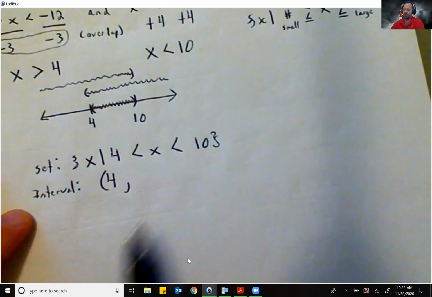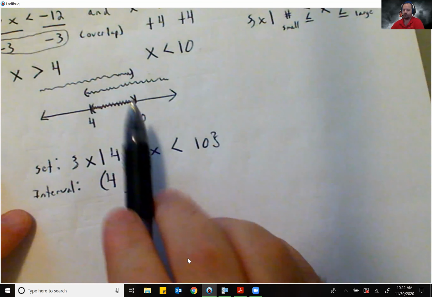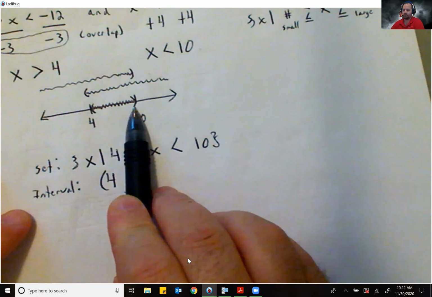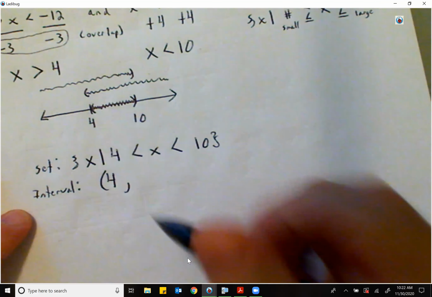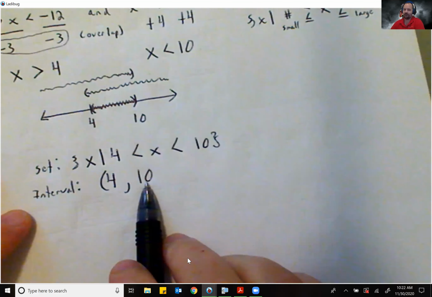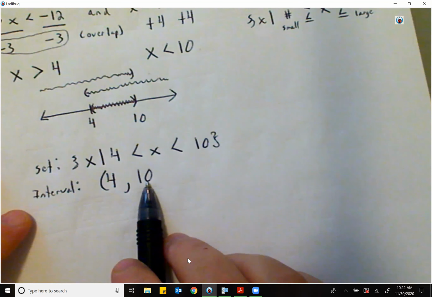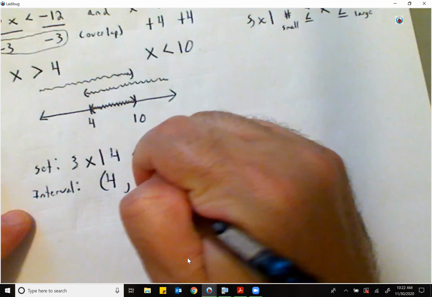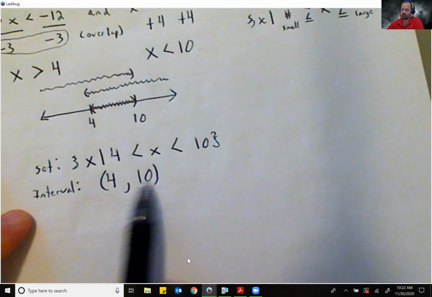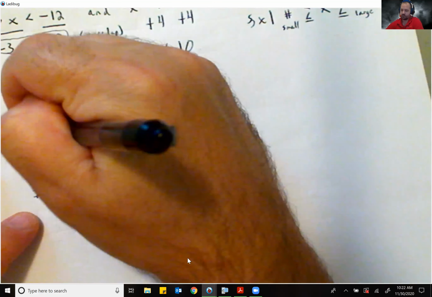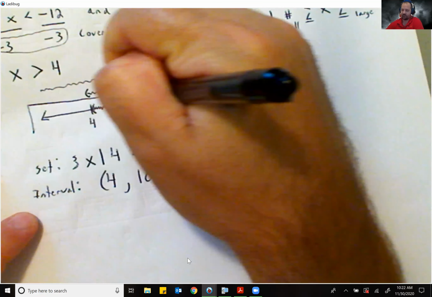Where does it end? 10. Bracket or parenthesis? Parenthesis. And there you go. There's your interval answer. So that's how this problem works.